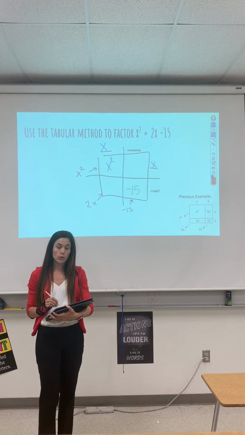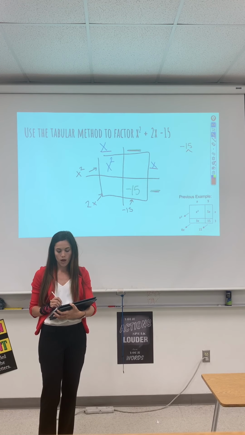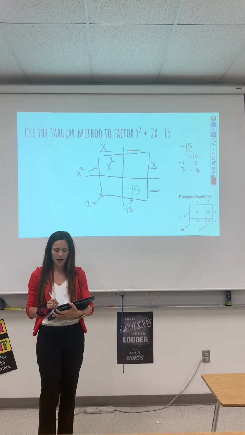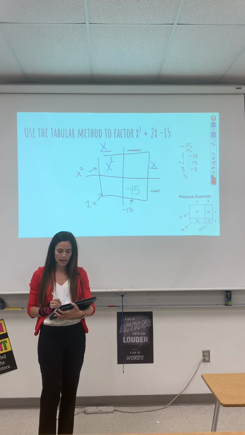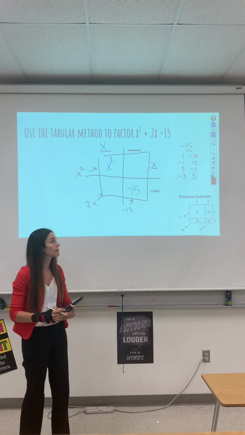To multiply to get negative 15, I could do 1 times negative 15, negative 1 times positive 15, positive 3 times negative 5, and I could also do negative 3 and positive 5. So we have quite a few options here.